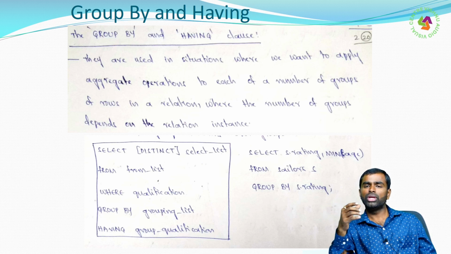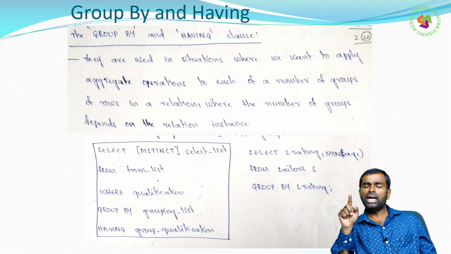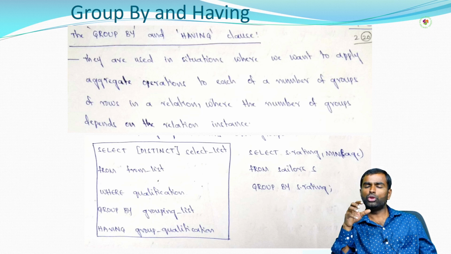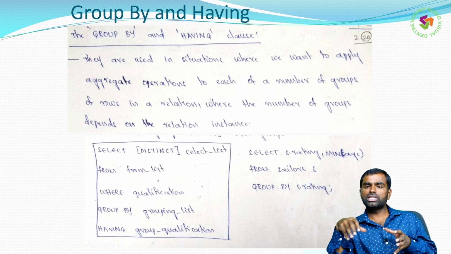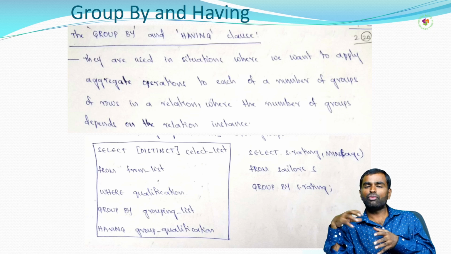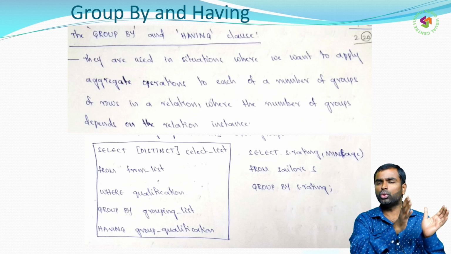Rating 10 given to 10 employees, for example, those 10 employees can be considered as one group. Rating 9 given to 5 employees, those 5 employees are group 2. Rating 8, 6 employees got rating 8, those 6 employees are one group. Like that, based on rating you can divide into groups.